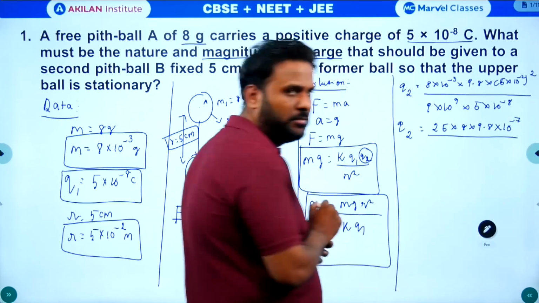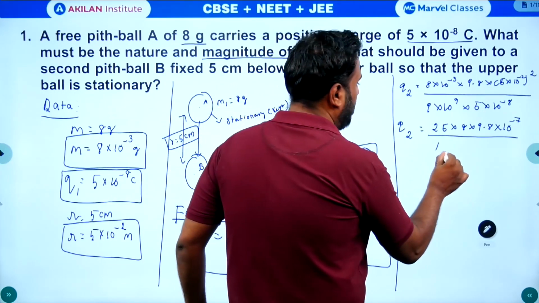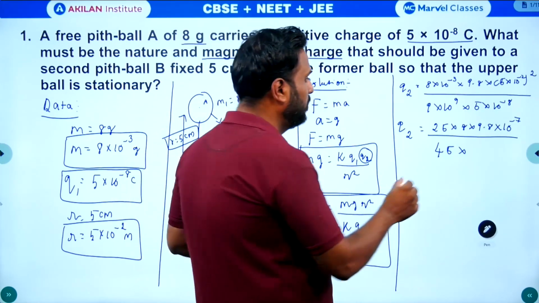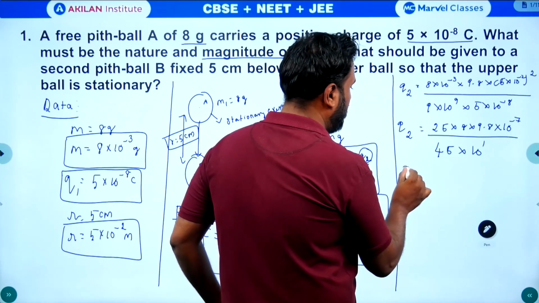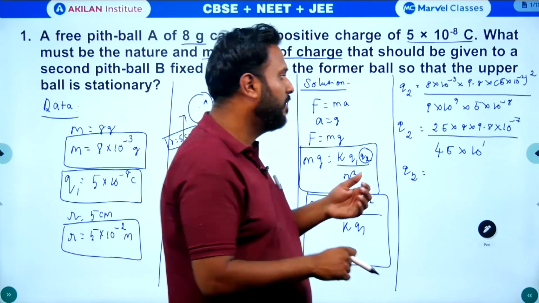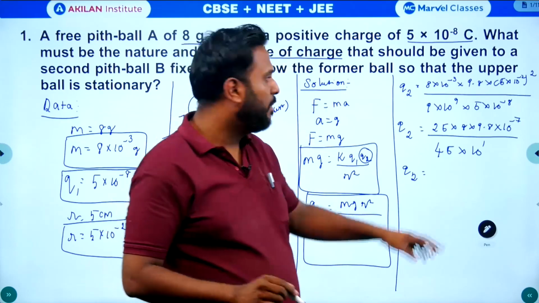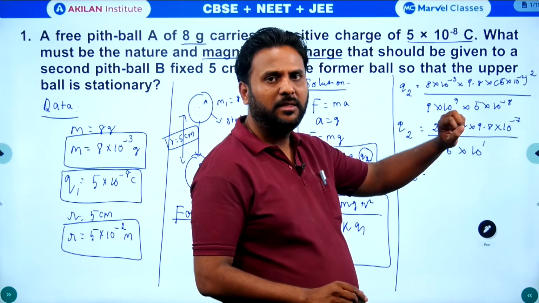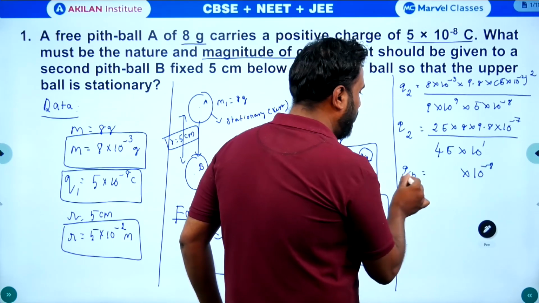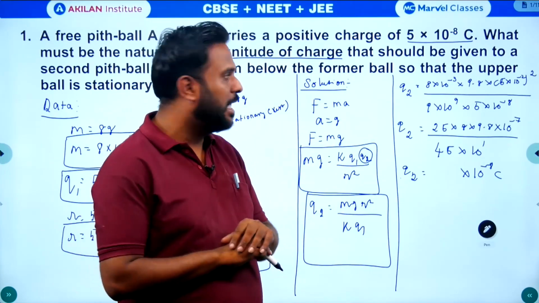In the denominator, 9 into 5 is 45, into 10 to the power 9 minus 8, that is 10 to the power 1. First we simplify the powers. Minus 7 plus 1 is minus 6? Moving the 1 upward it becomes minus 1, so minus 1 into minus 7 gives minus 8. So we found 10 to the power minus 8. The unit of charge is Coulomb.